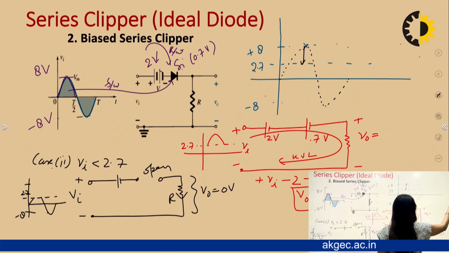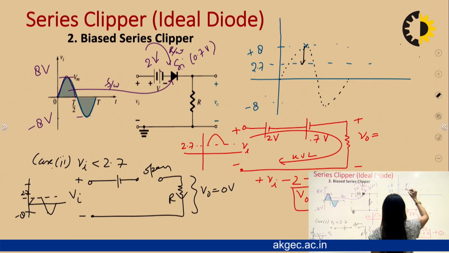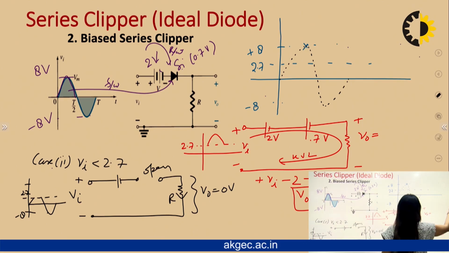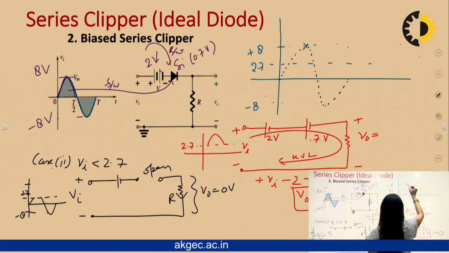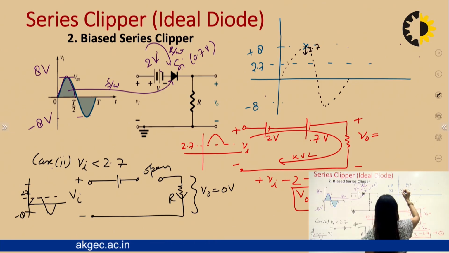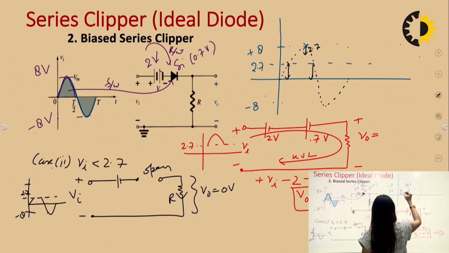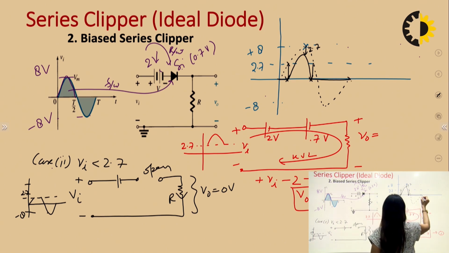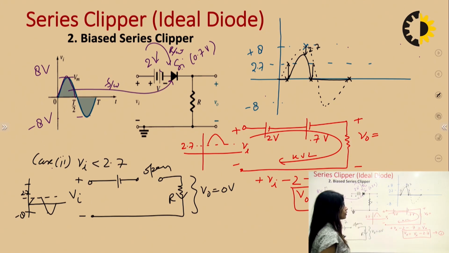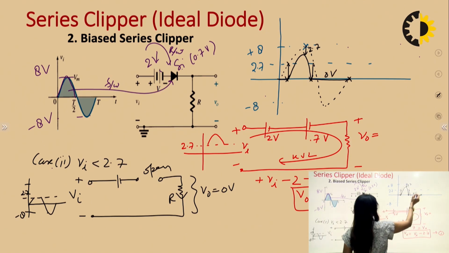This point will come down by 2.7. This point will come down by 2.7. This point will come at this particular place. This point will drop down by 2.7. So the final points will be this. And for the rest of the waveform, the voltage is coming out to be 0 volt.